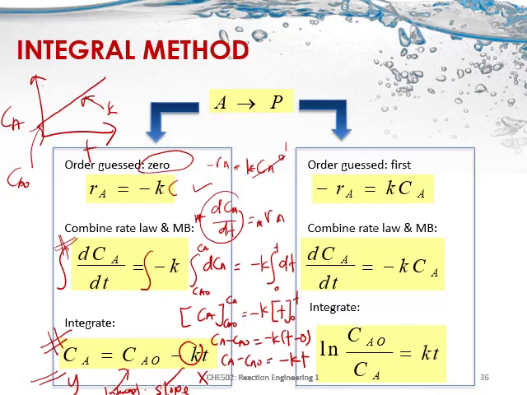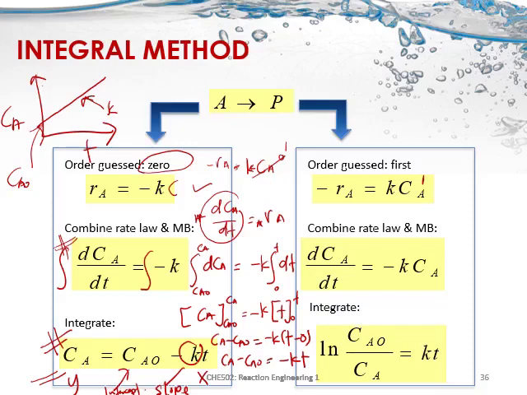Okay, move on to the first order. If you assume it is first order, so this is power of 1. Alright, combine rate law and material balance. We combine as what we did for zero order, and then do the integration.